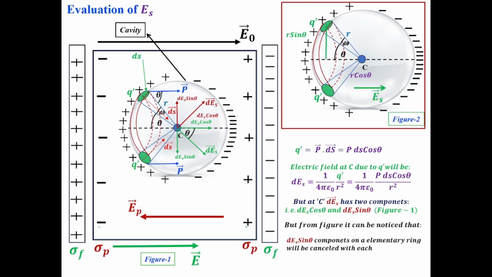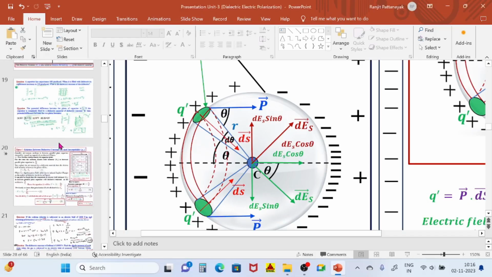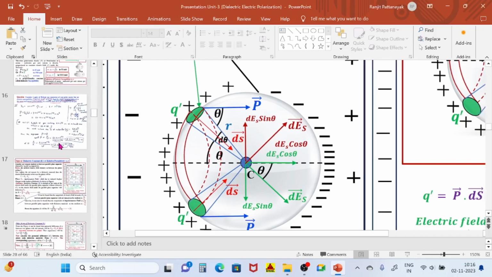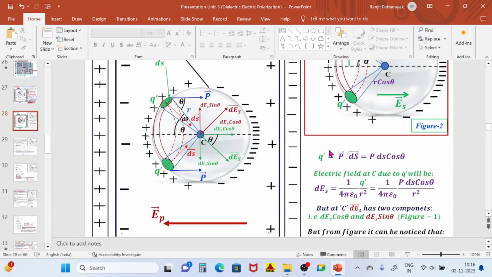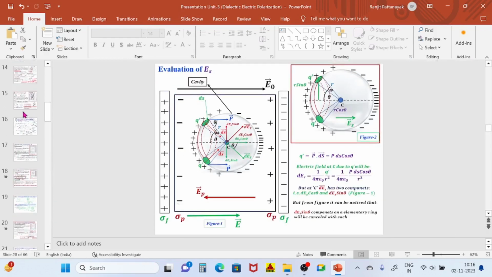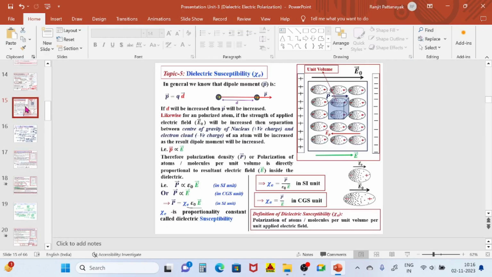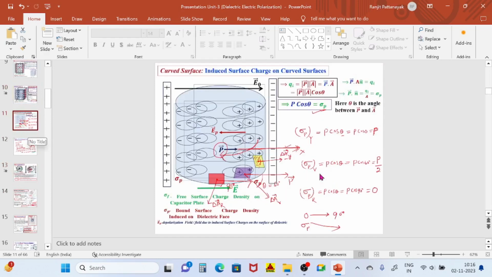I am going to show you here. In topic number 3 we discussed the relation between the polarization vector and surface charge density. Here, P dot A: the charge on a surface is equal to P dot the area vector.